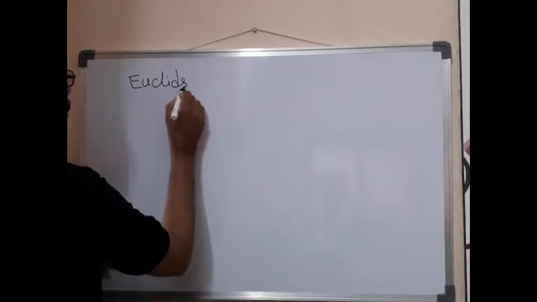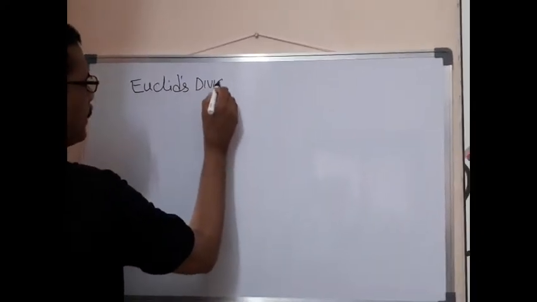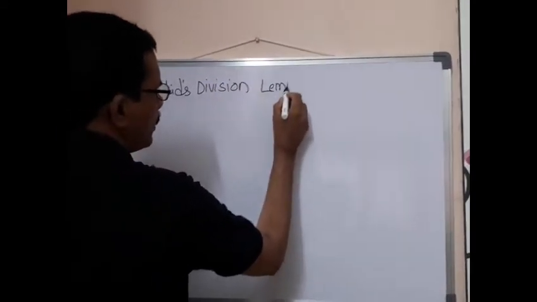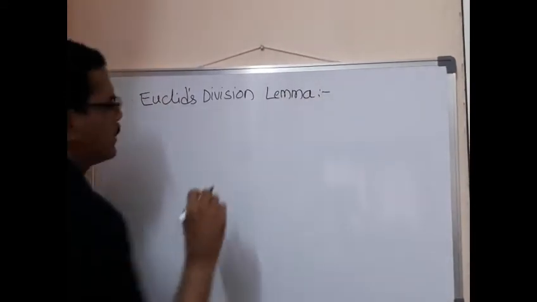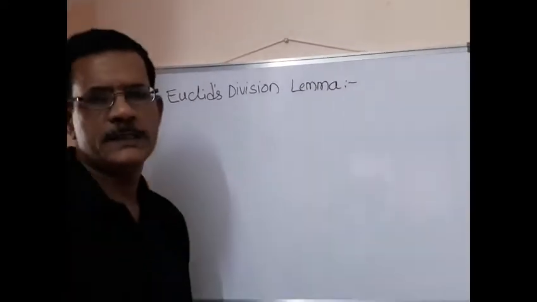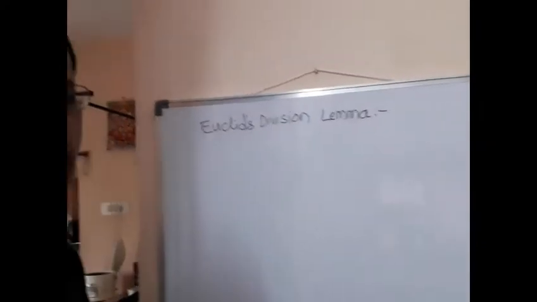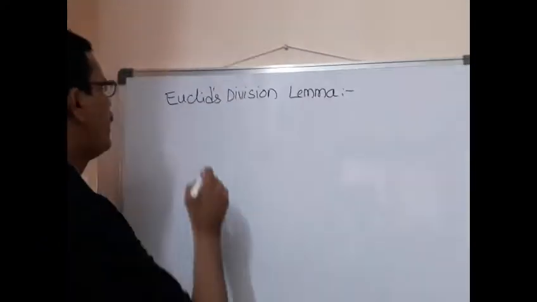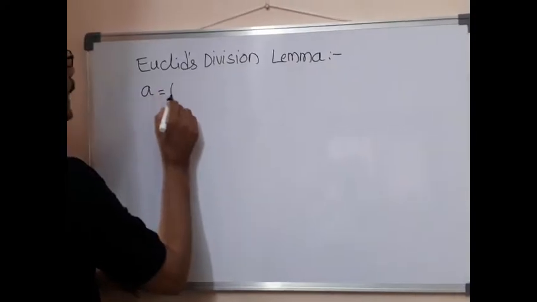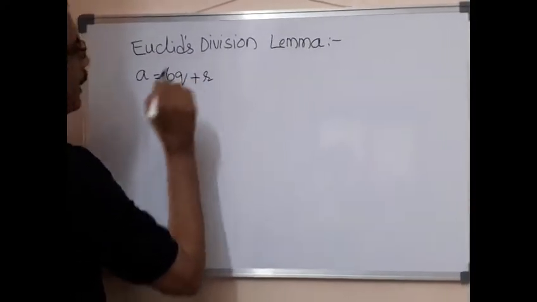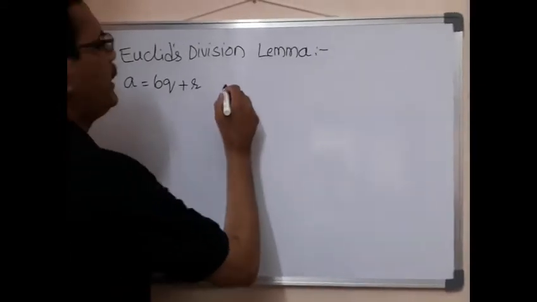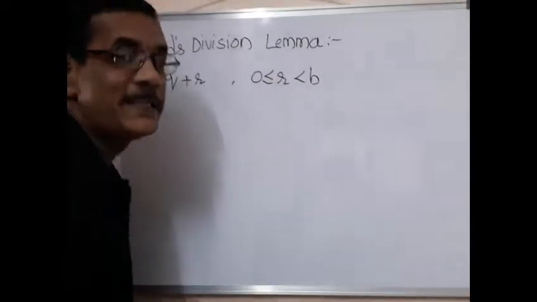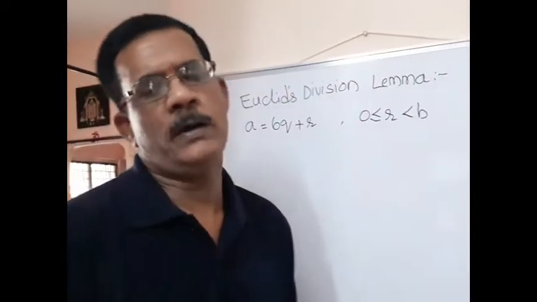Euclid's division lemma: for any two integers a and b, there exist other two integers q and r satisfying a = bq + r, where 0 ≤ r < b, is called Euclid's division lemma.